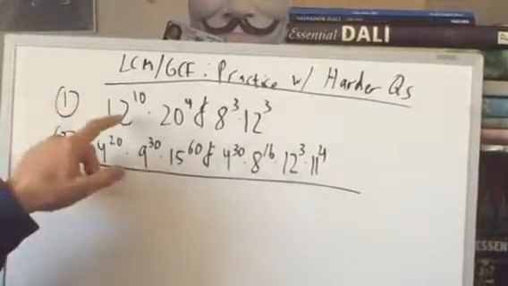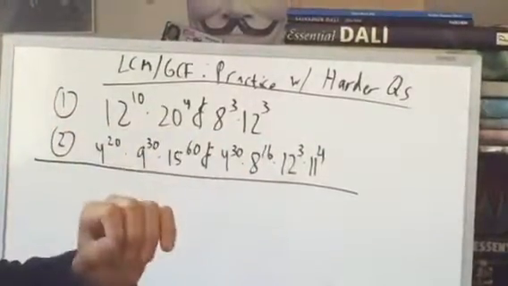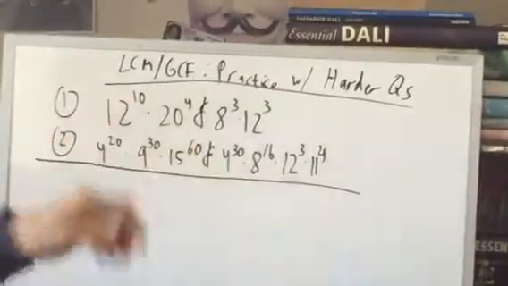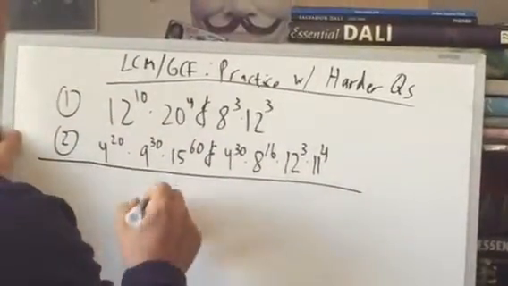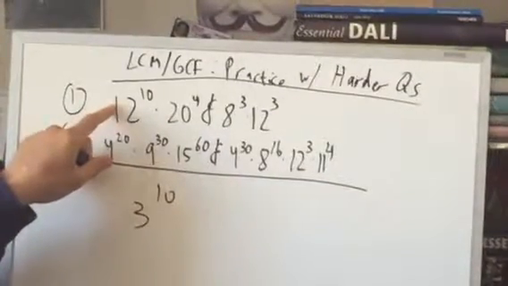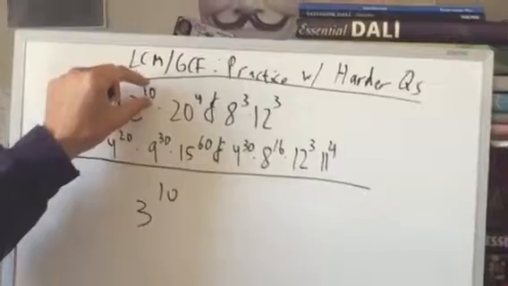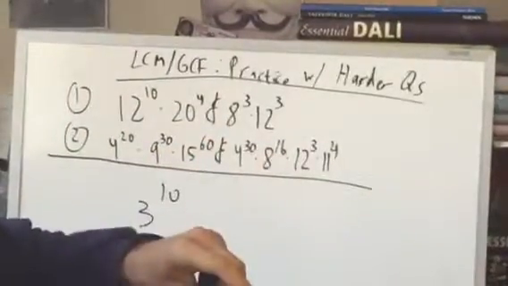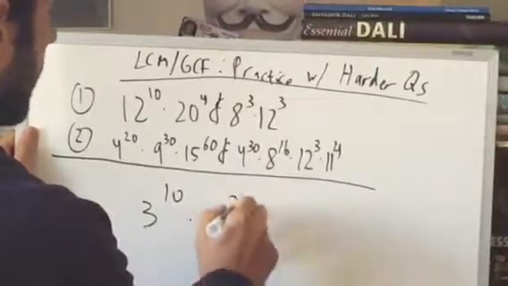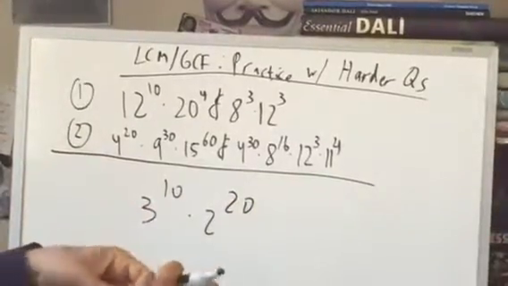Since one 12 has one 3 and two 2s in it, and there are 10 of these 12s, there are really 10 3s. And because a 12 has a 4, which is two 2s, we have 10 groups of two 2s, so that's 20 2s. Let's review that.